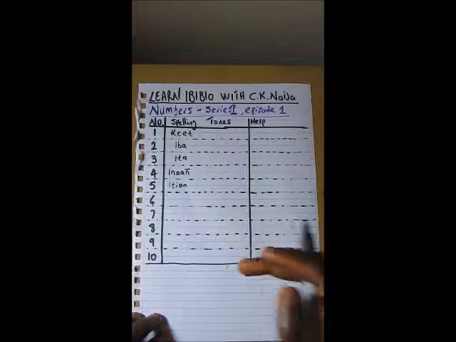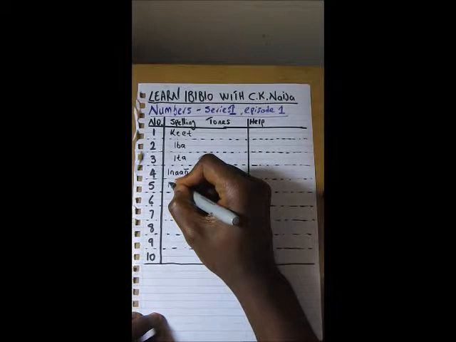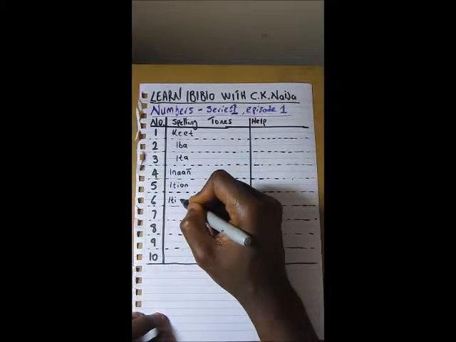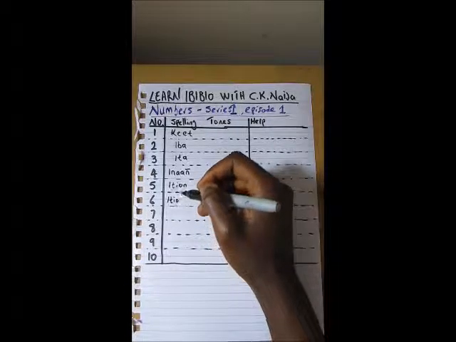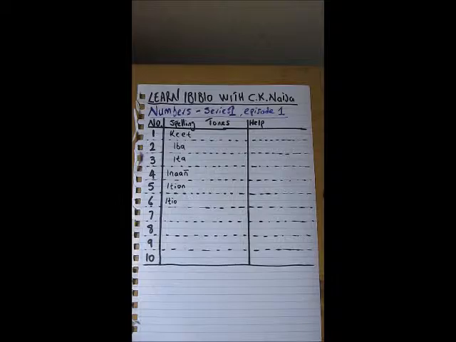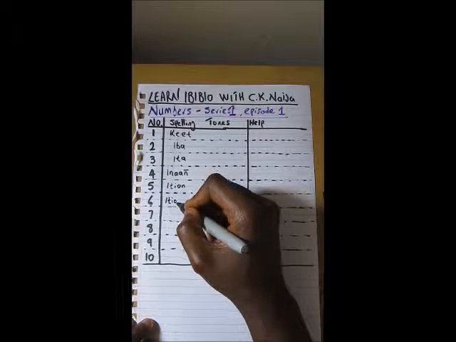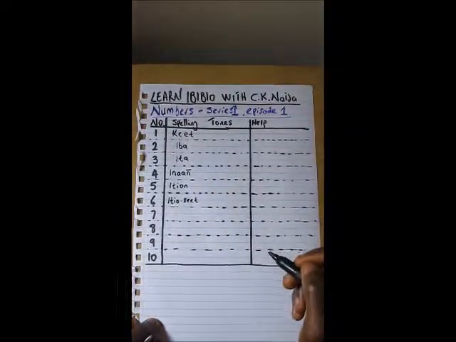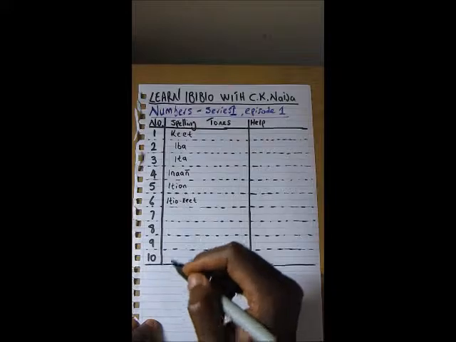The word for 6 is itiokiet, I-T-I-O, K-E-E-T, itiokiet.